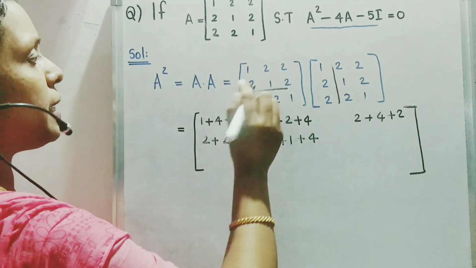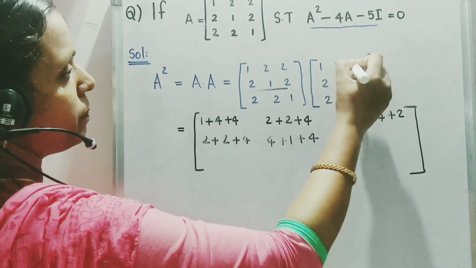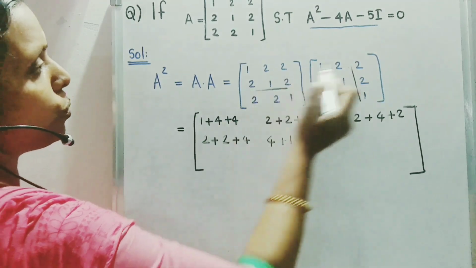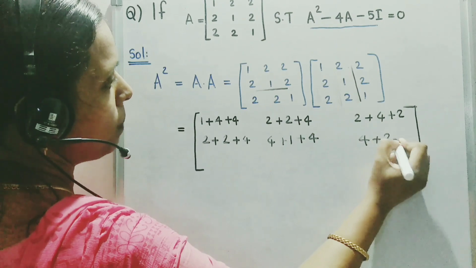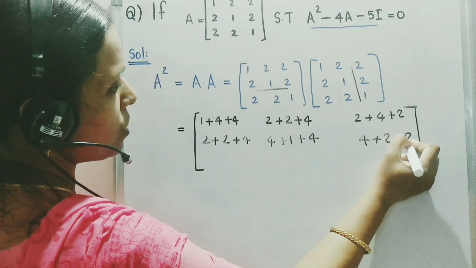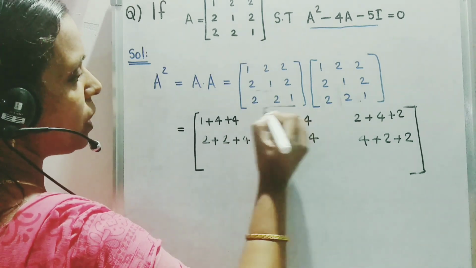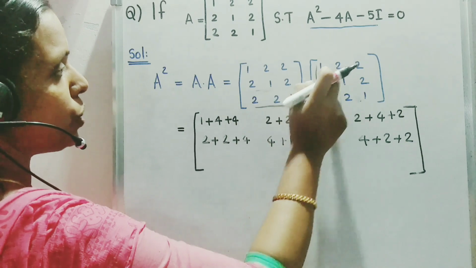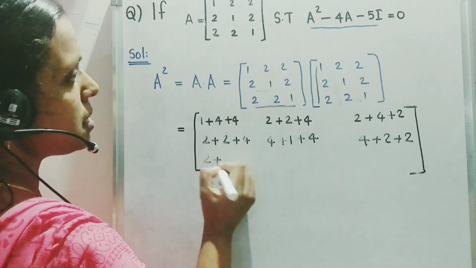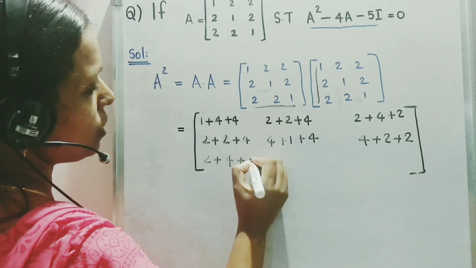Next multiply second row with third column. That is 2 into 2 is 4 plus 1 into 2, 2 plus 2 into 1 that is 2. Next we multiply third row with first column. That is 2 into 1, 2 plus 2 into 2, 4 plus 2 into 1, 2.